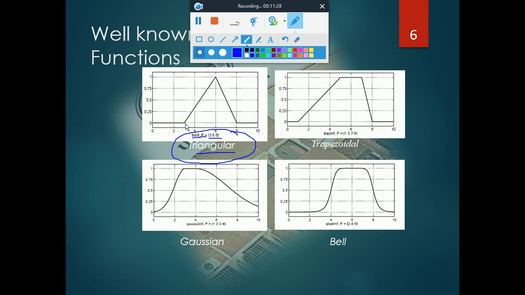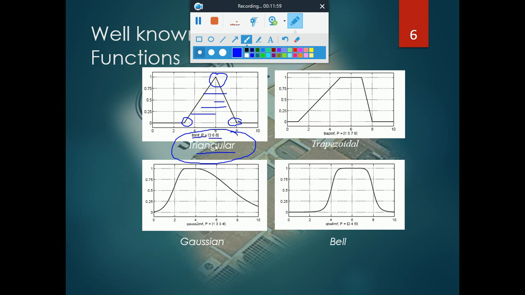What this means is that the change in the membership function, or the change in values, slowly and gradually starts from 3 to 8. This position is 8, this is 3, and the mid position is 6. So the values change slowly and gradually. So how can we represent that?